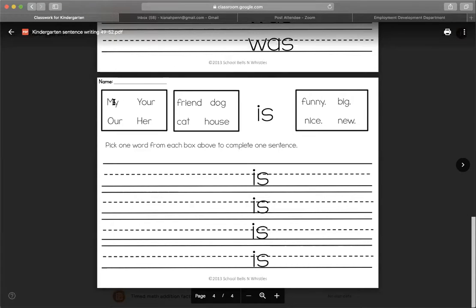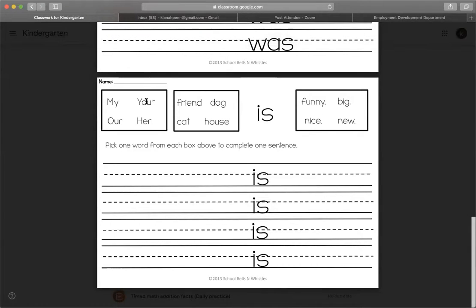We have in the first box: my, your, our, and her. The second box, you have friend, dog, cat, house. Pay attention. And your word that we're using is, which has been written down for you already.